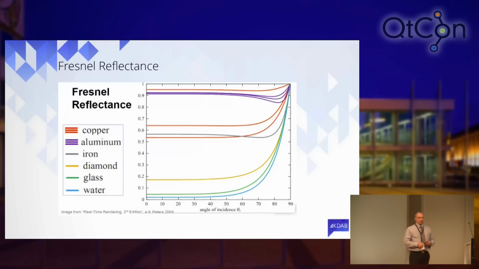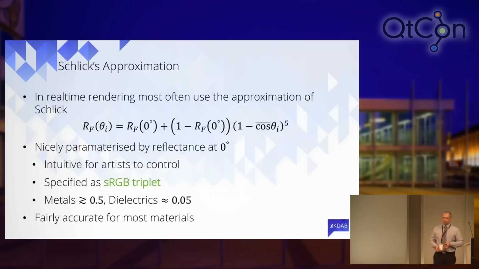Now, in real-time rendering, the equations of Fresnel are far too complex to calculate in real time, well, at least today, so we tend to use the approximation of Schlick, which is this little function here. That's basically saying that we can calculate the amount of light that's reflected based upon the incident angle of the light and this parameter RF at 0 degrees.